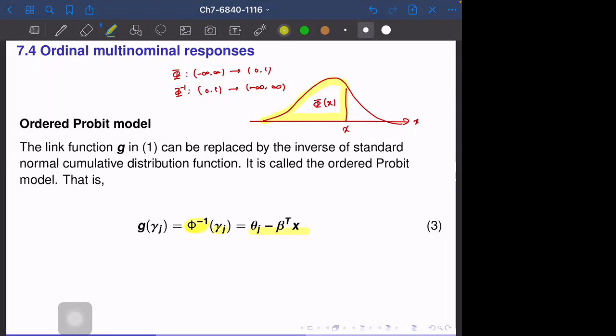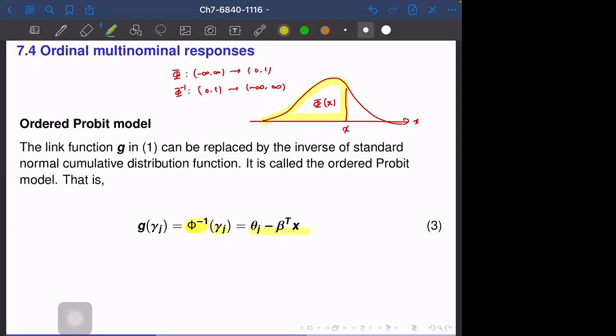The benefit is that this is the probabilistically more natural choice. For example, in a more advanced model with multivariable responses, maybe two multinomial responses, or two ordinal responses, such as two different movie rating variables, it's easier to use the normal density function to generalize into the multivariate case.